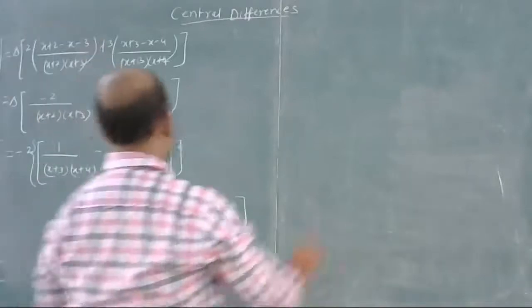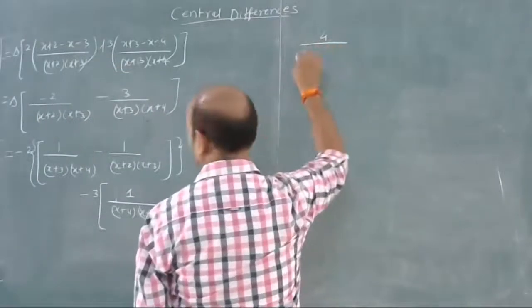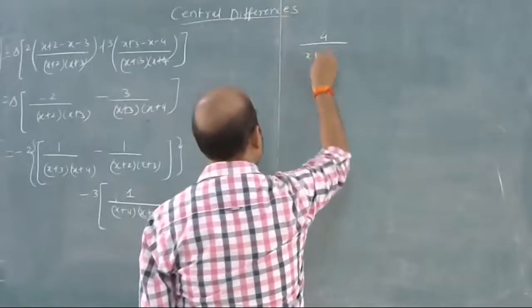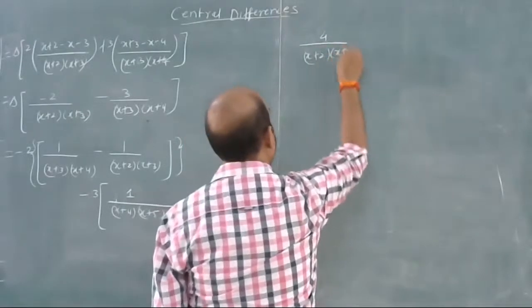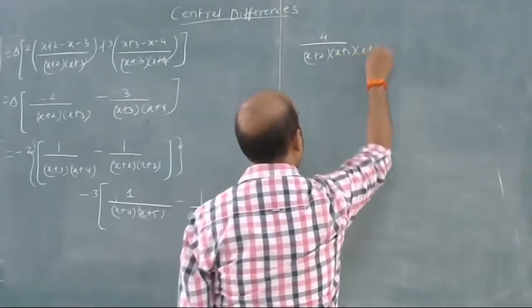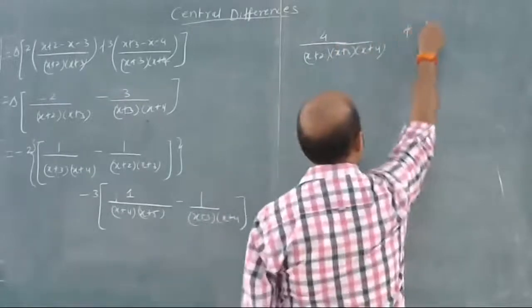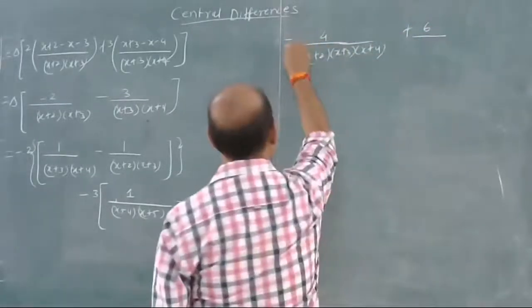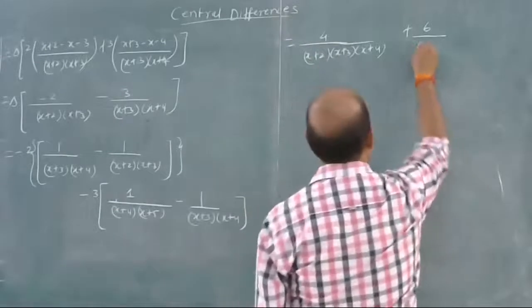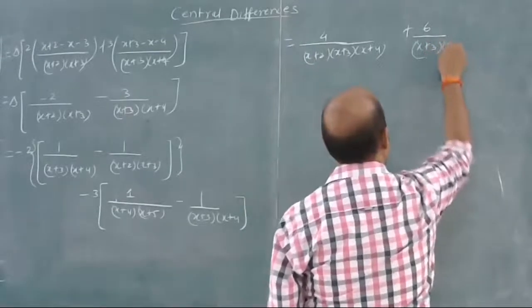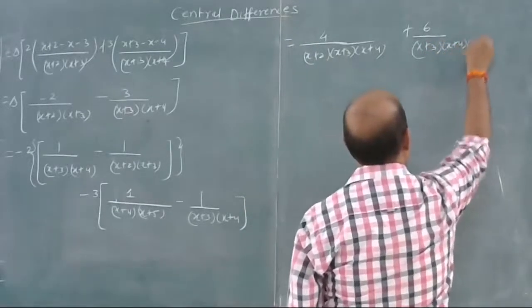So on solving this, you will get 4 by x plus 2, x plus 3 and x plus 4, plus 6 by x plus 3, x plus 4 and x plus 5.